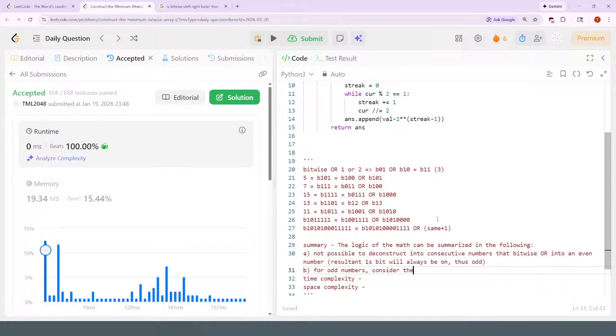Consider the rightmost block of ones. For example, let's say the binary number 0 0 1 0 0 has a rightmost block of 3 ones, or even if you have 1 0 1 0 0.